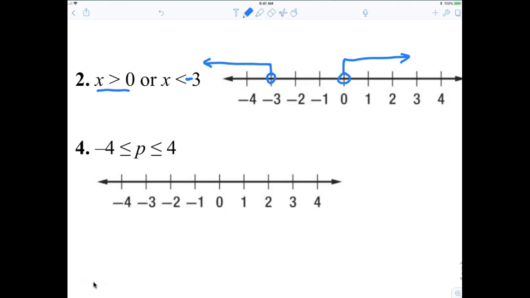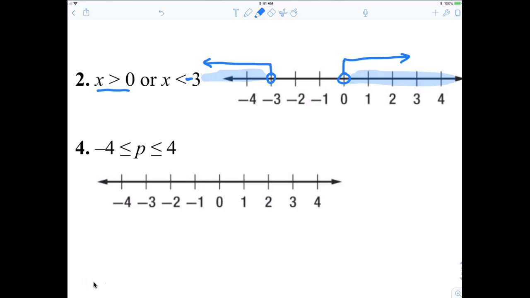So this is an or statement. What an or statement is, listen carefully now: you can be over here, or you can be over there. That's kind of obvious why that's an or.